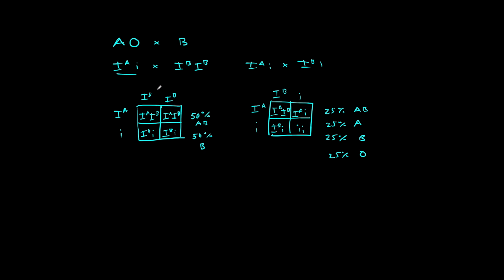Meanwhile, this parent here, who was homozygous for the B allele, has a 50% chance of having an AB-blooded child and a 50% chance of having a B-blooded child.